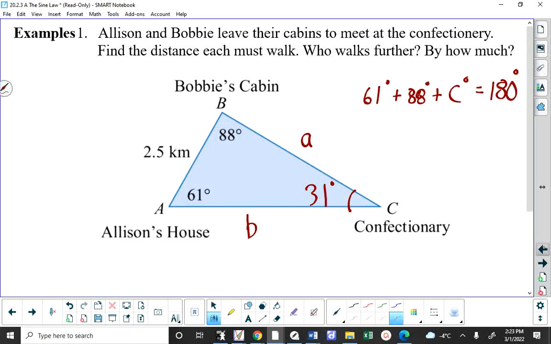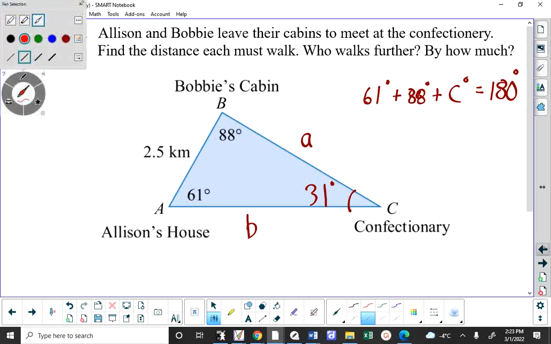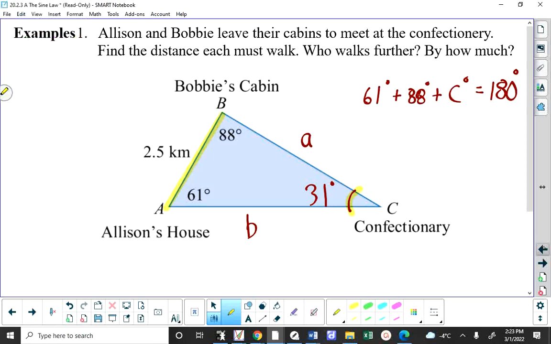It's 31 degrees. Now we're off and running, and this again is the key to the sine law. You need to know a pair. You need to know a side and the corresponding angle. And I really would prefer that you avoid the word opposite.